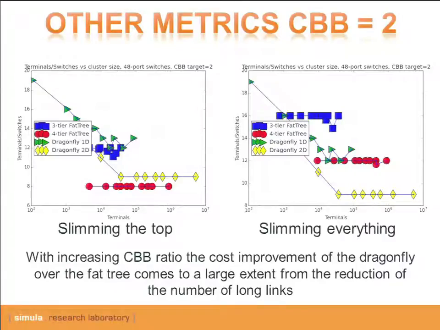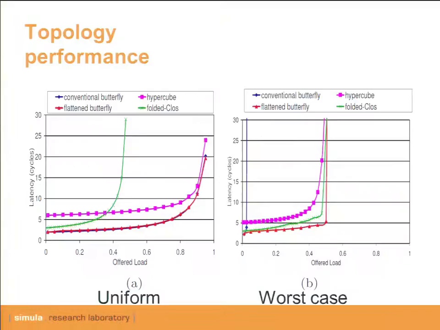Yeah. So let's try to summarize. The factory is obviously the best topology for worst case traffic, and the Dragonfly is obviously the best topology for uniform traffic.